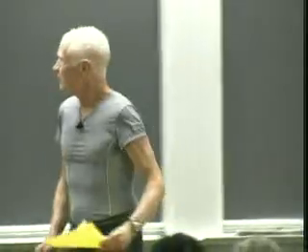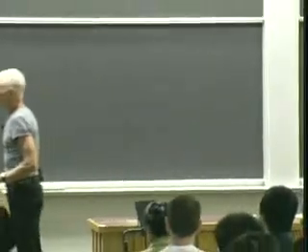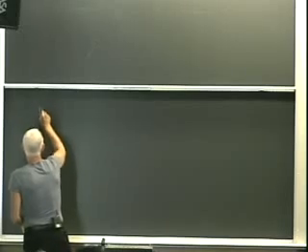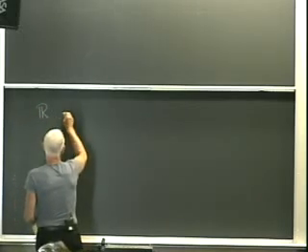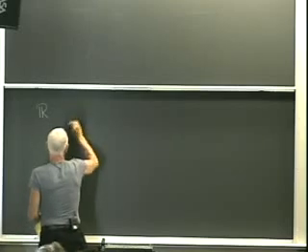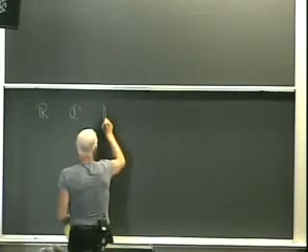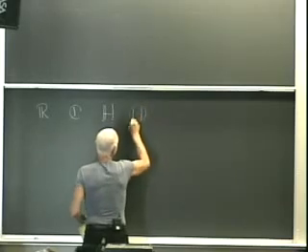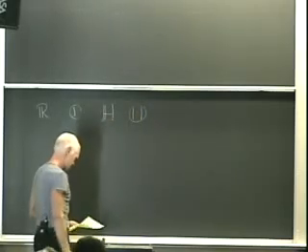So to begin with, I'm going to remind you about the properties of the Cayley numbers. Standard notation is that these are the real numbers and the complex numbers. H will stand for the quaternions, and blackboard O stands for the octonions.